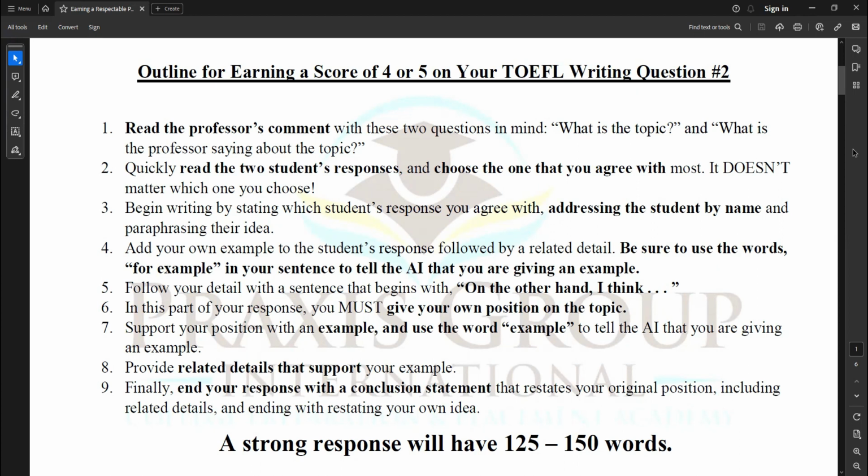Number 9, finally, end your response with a conclusion statement that restates your original position, including related details, and ending with restating your own idea. A strong response will have 125 to 150 words.